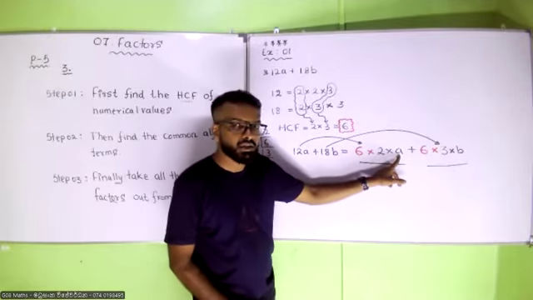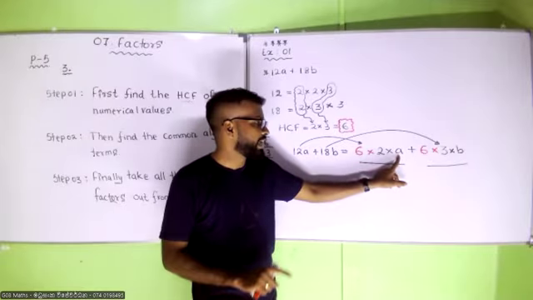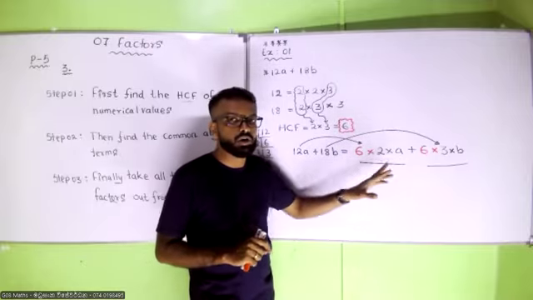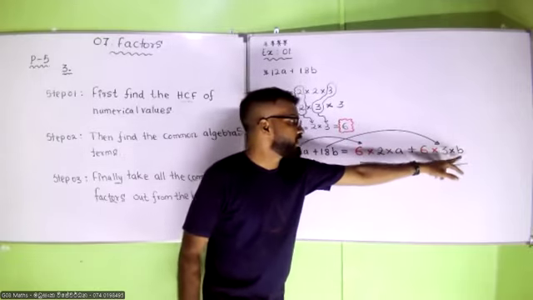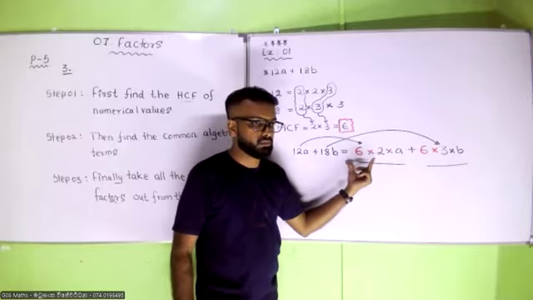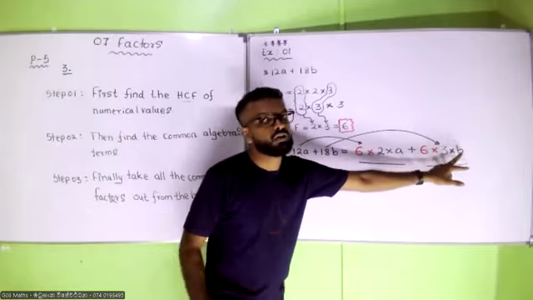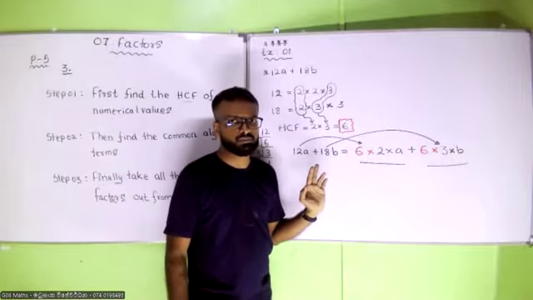And a, we only have a in this term only. And b, we have here only. b is not common for both of the terms, and 3 is not common for both of the terms.